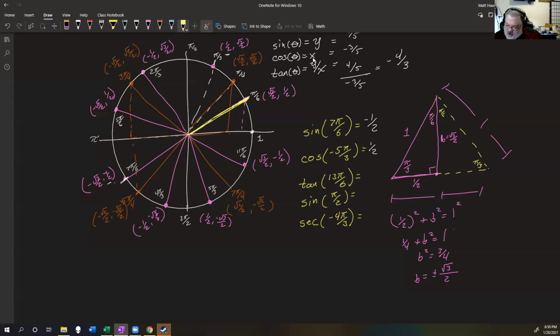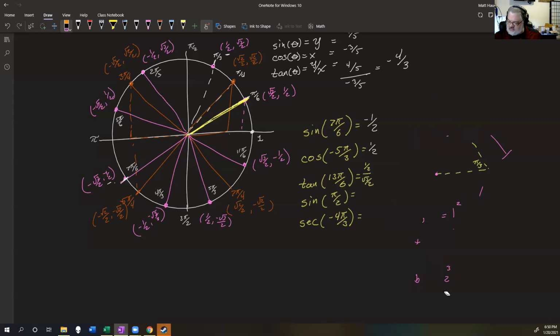But tangent is supposed to be our y over our x. So our 1/2 over our square root of 3 over 2. But you wouldn't leave it like that, right? And you wouldn't get a decimal approximation, right? The point of these is we want to try to stay exact. So that's 1 over the square root of 3.